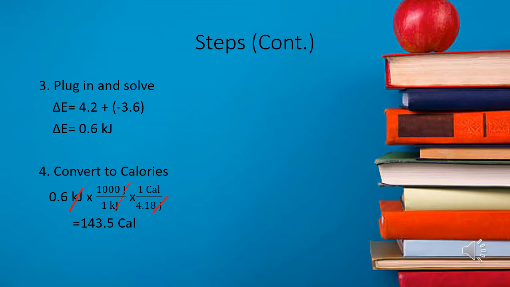It would be 0.6 kilojoules times 1,000 joules over 1 kilojoule times 1 calorie over 4.18 joules. And as you can see, kilojoules cancels out as well as joules, leaving you with the unit that you need, calories. And after you multiply 0.6 times 1,000 and then divide that by 4.18, it comes out to be 143.5 calories.